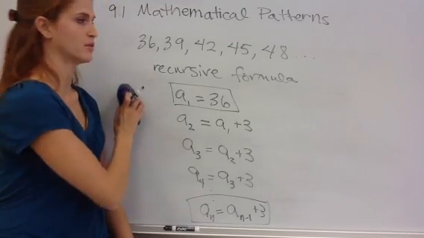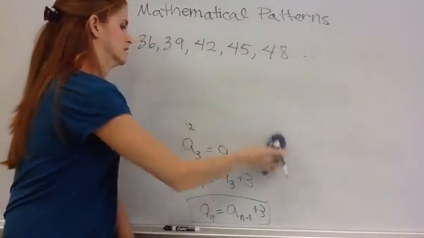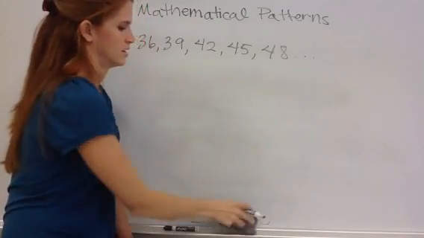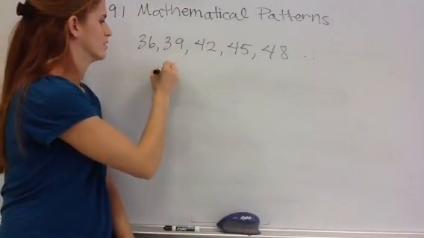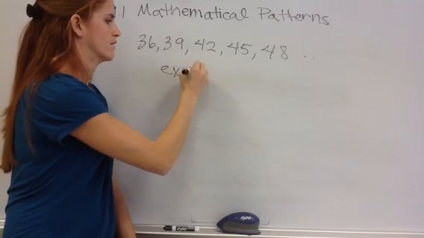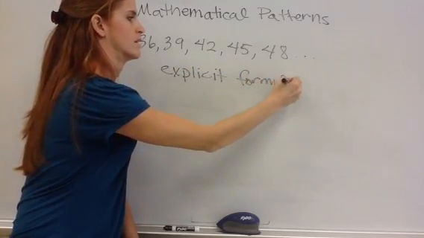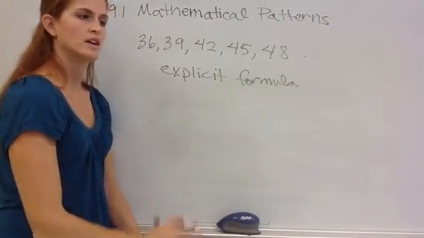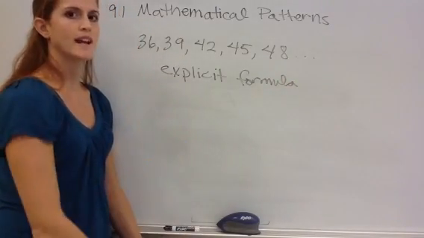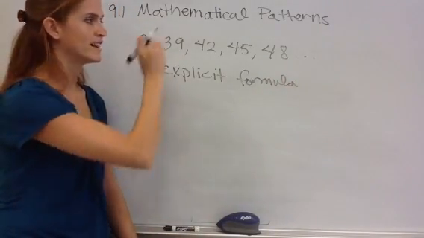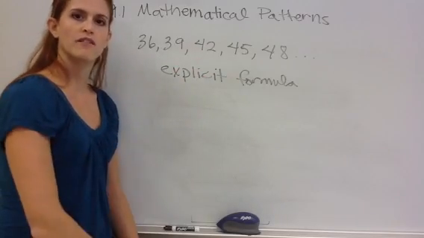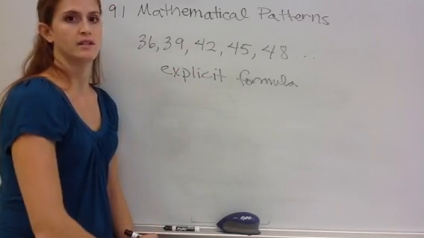Let's write an explicit formula. So for an explicit formula, we just go straight to what is a sub n. So if I want to find the fifth term in the sequence, I just plug a 5 in for n and we would know what it is.